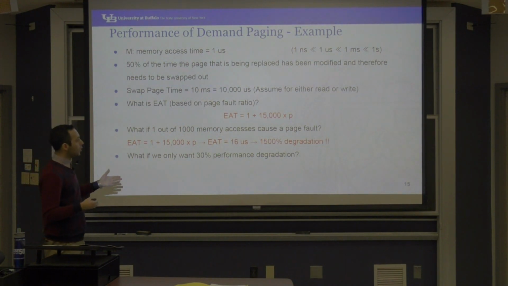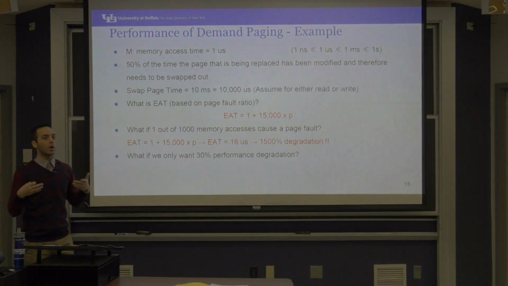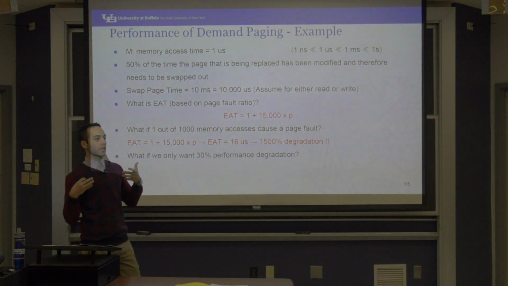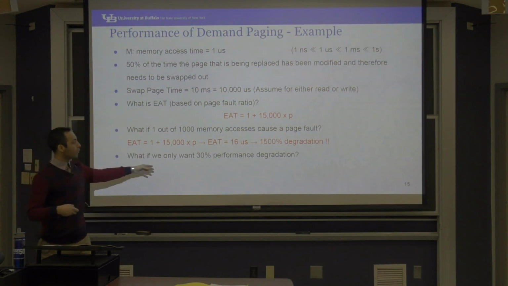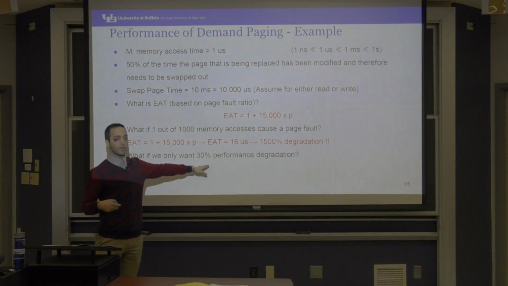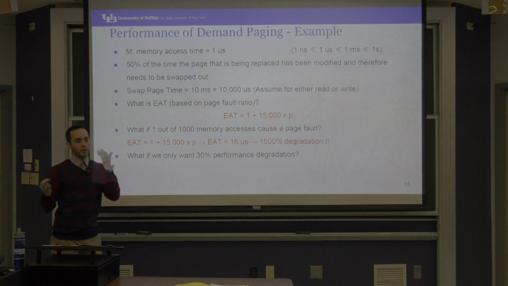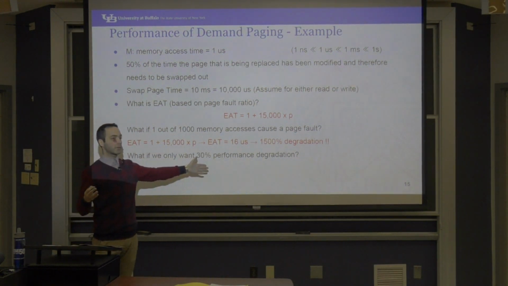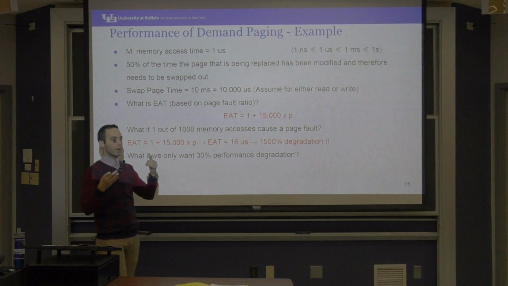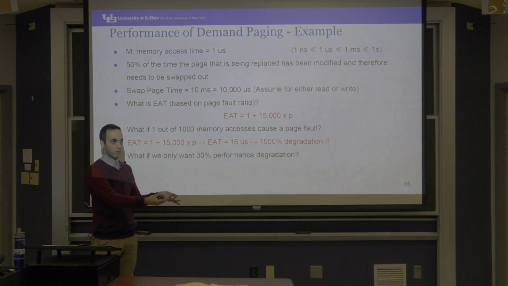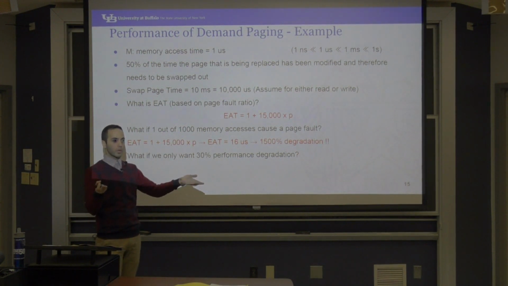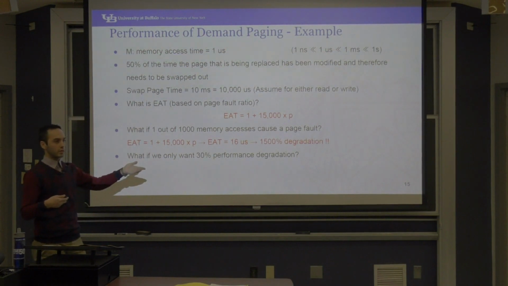And now it asks, what is a demand paging algorithm that is good enough that ends up with only a 30% performance degradation? If you are already at 100%, and you have 30% degradation, that means your effective access time should be 130%, right?